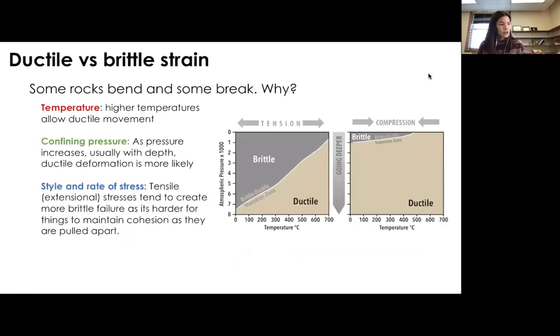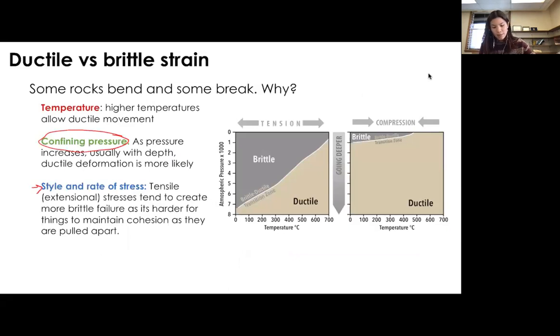Another important feature is the confining pressure. If something is buried at greater depths and has more confining pressure, then we tend to see things like ductile deformation. However, this is also going to depend on the style and rate of the stress. These two diagrams on the right are emphasizing this.